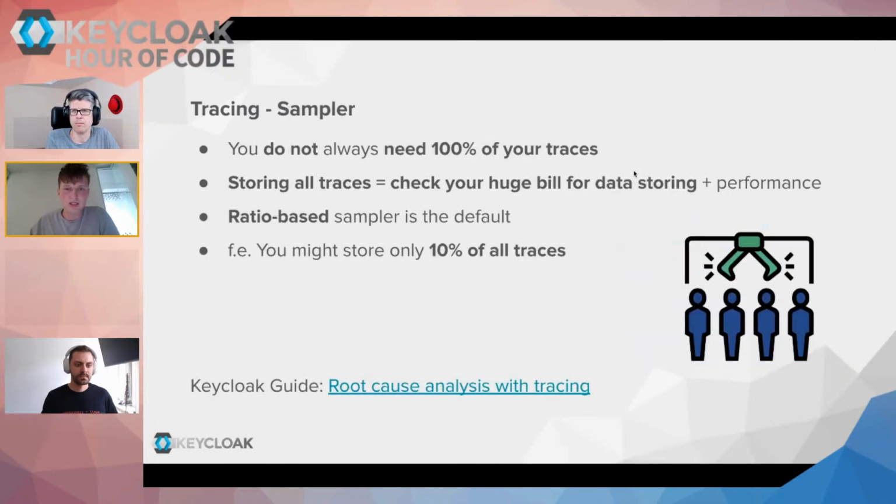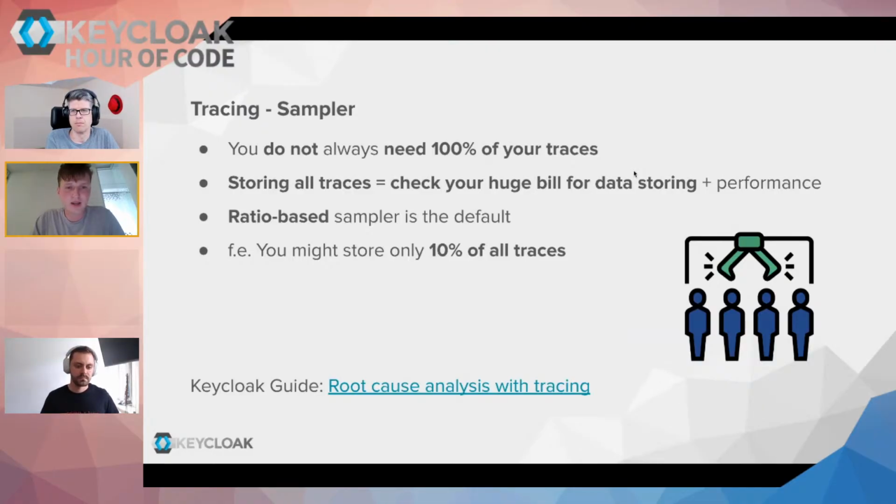There's also a quite interesting section about tracing, and it is using a sampler. It's the usual situation, as you don't always need 100% of your traces. If you do, there are some problems, right? If you store all these traces, you should check your huge bill for the data storage and even the degraded performance.